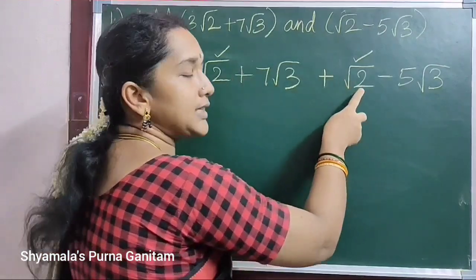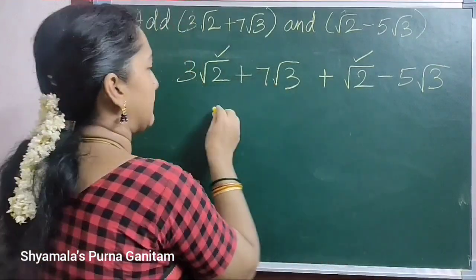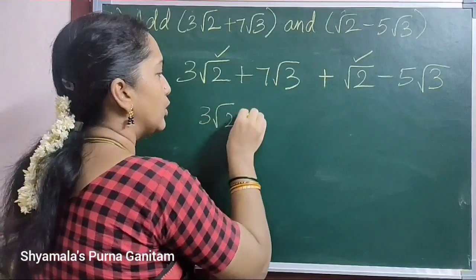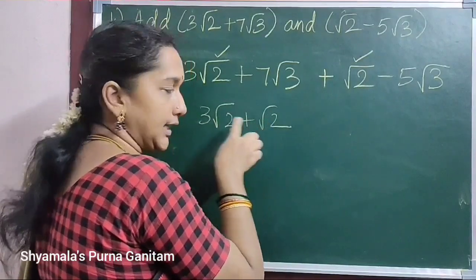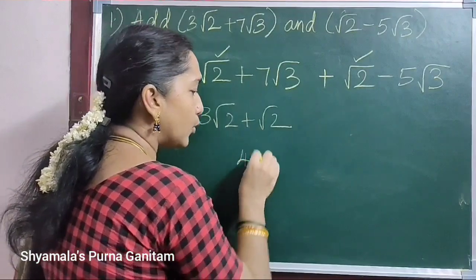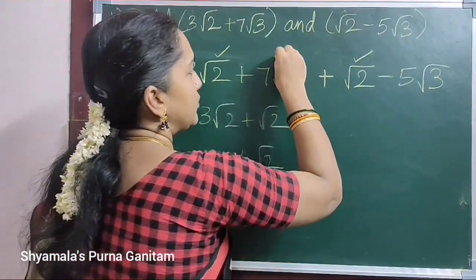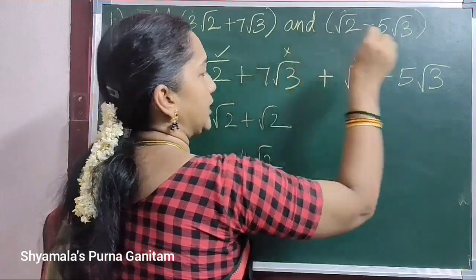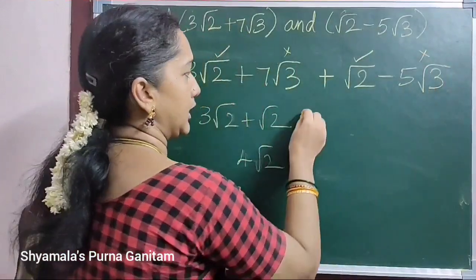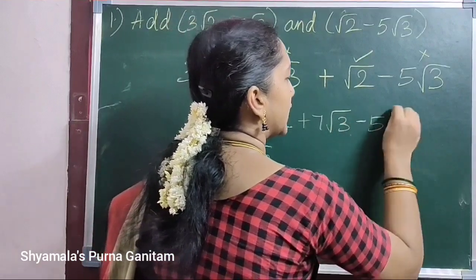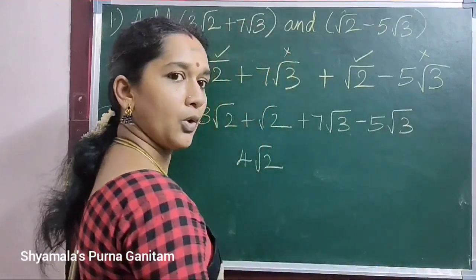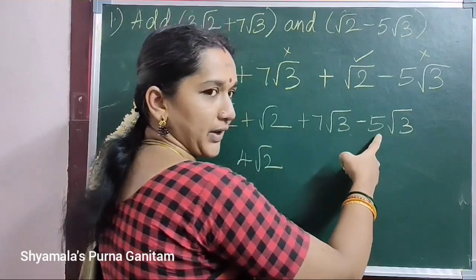3 root 2 plus root 2, that can be combined. So 3 root 2 plus root 2. Here 3 is there, here 1 root 2 is there. So 3 plus 1, 4 root 2. Same way you combine these two also: 7 root 3 minus 5 root 3. So plus 7 minus 5.